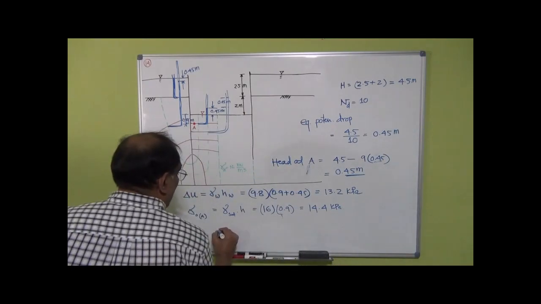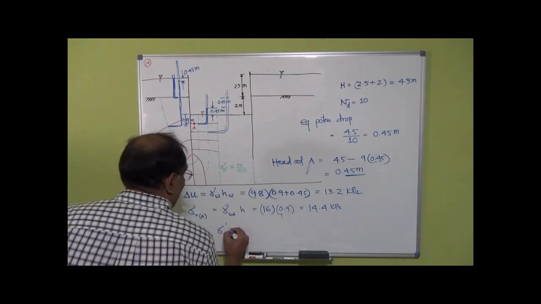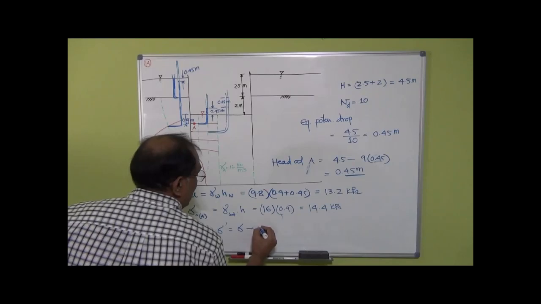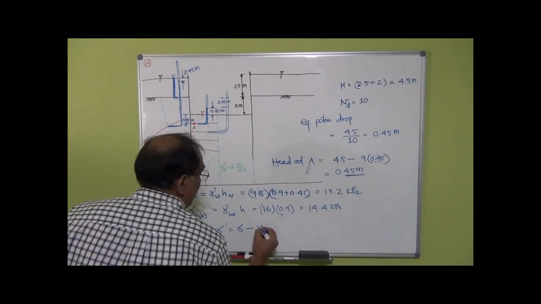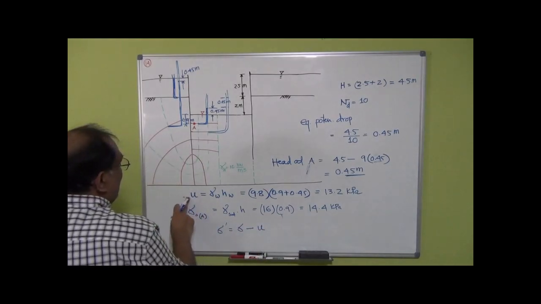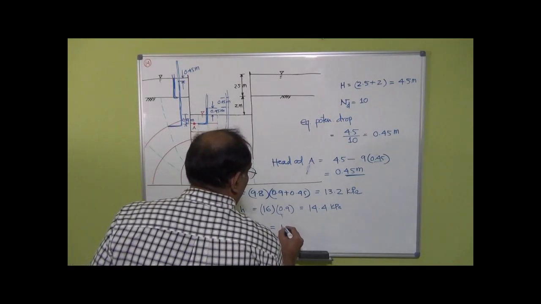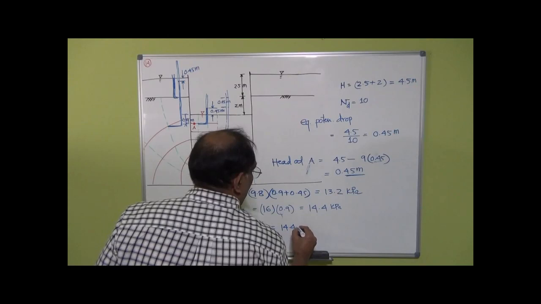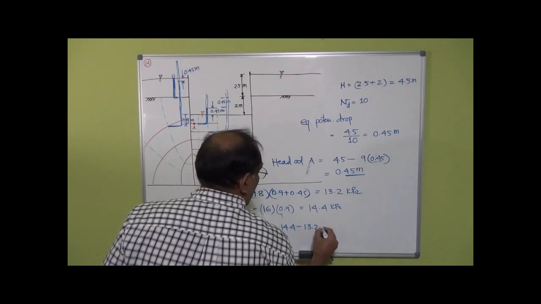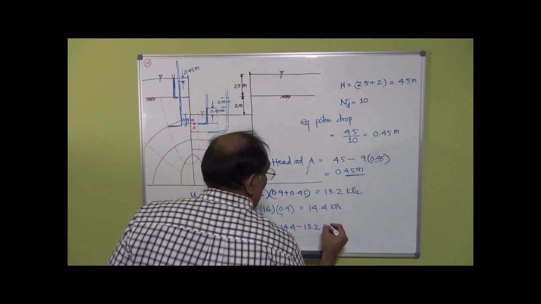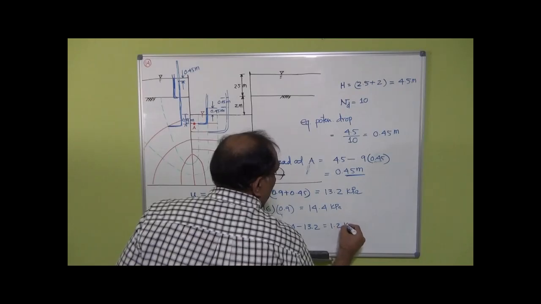So effective stress would be total stress minus U. So 14.4 minus 13.2, that's actually 1.2 kPa.